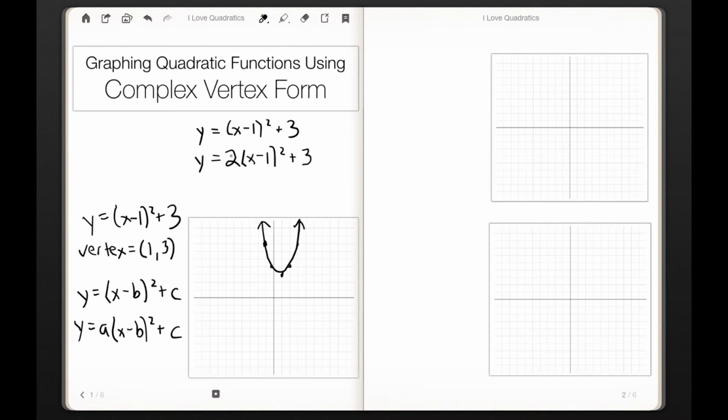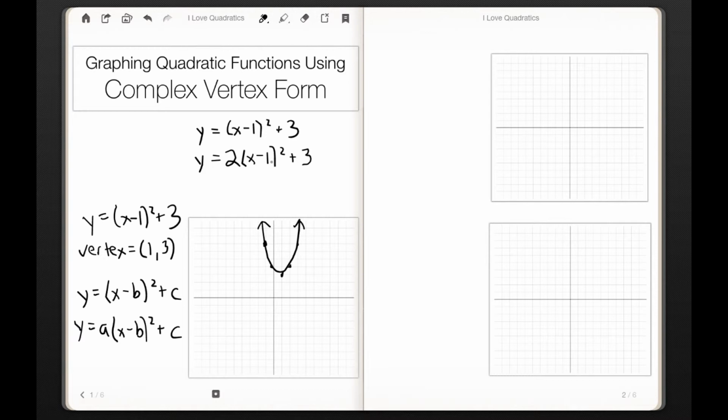So now we have 2 times (x minus 1) squared plus 3. So all this number does is it's going to double the amount by which the y value increases, right? Because what we basically did was y equals 2 times everything else.